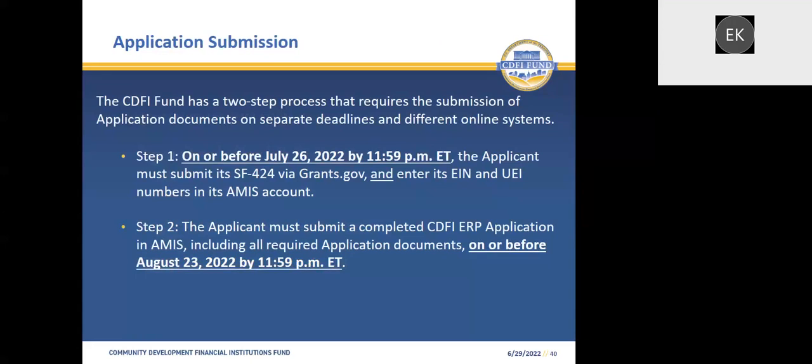Step 1, on or before July 26, 2022 by 11:59 p.m. Eastern Time, the applicant must submit its SF-424 via grants.gov and enter its EIN and UEI numbers in its AMIS account. Step 2, the applicant must submit a completed CDFI ERP application in AMIS, including all required application documents on or before August 23, 2022 by 11:59 p.m. Eastern Time.